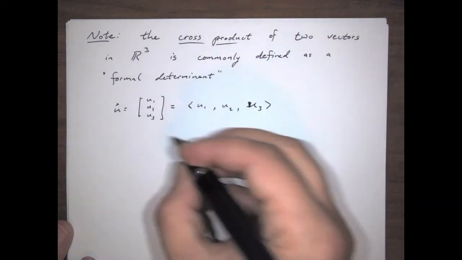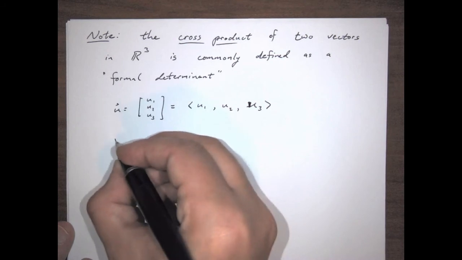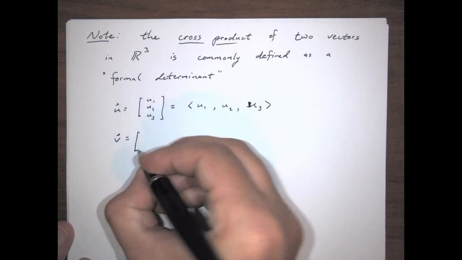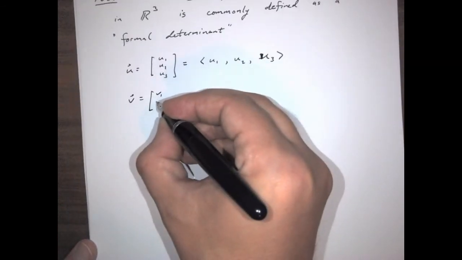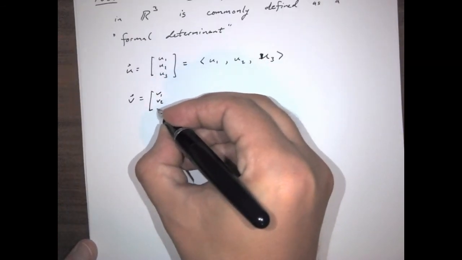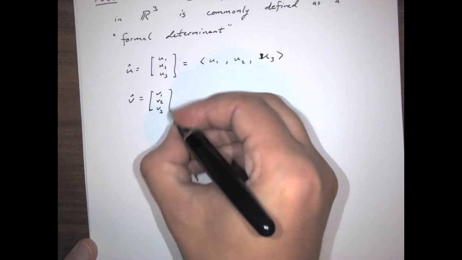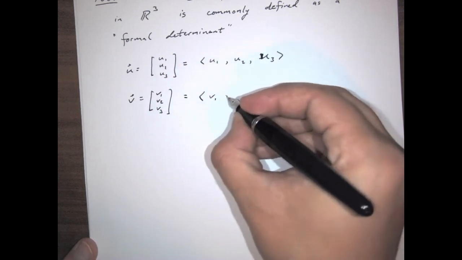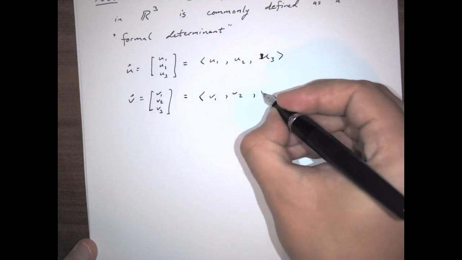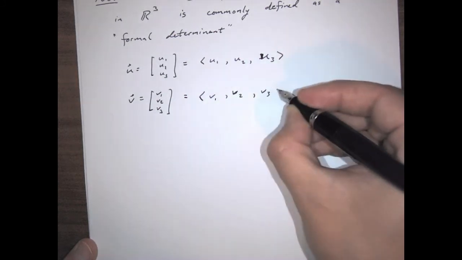So you can orient it horizontally with the angle brackets, and v, which if it's a column vector, then we usually write it like this, but equivalently the notation can be v1, v2, v3.